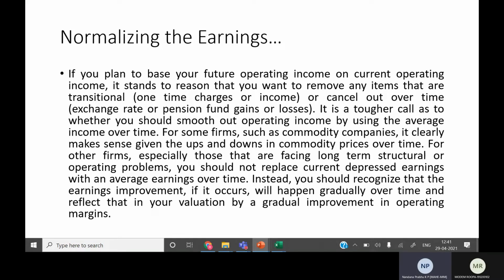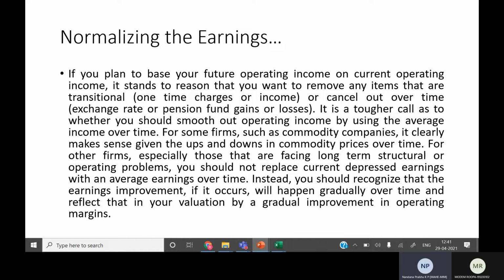When the exchange rate changes, the value of your income changes. Because if you have substantial income from a foreign country, when the exchange rate changes, the rupee value of your earnings, your revenues will also undergo a change.